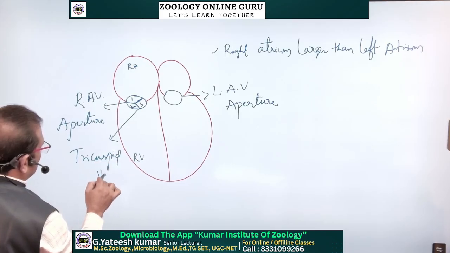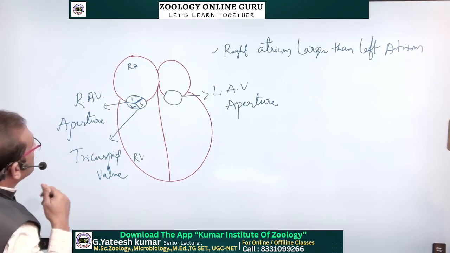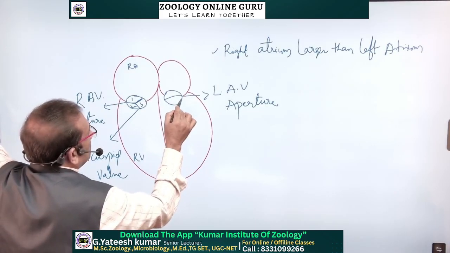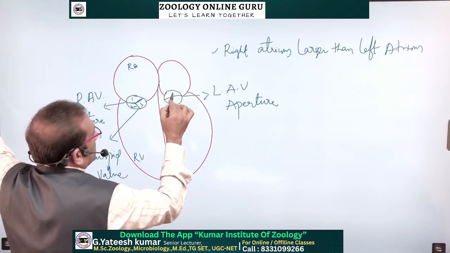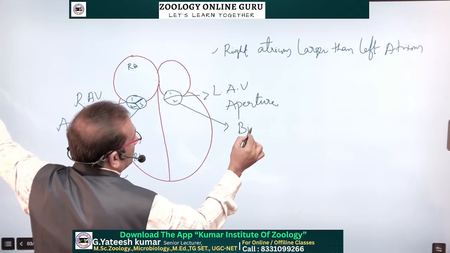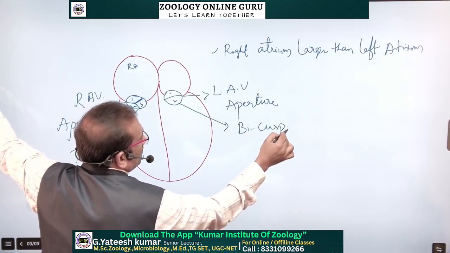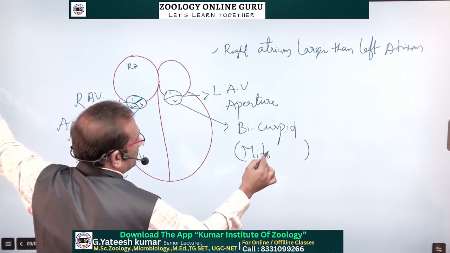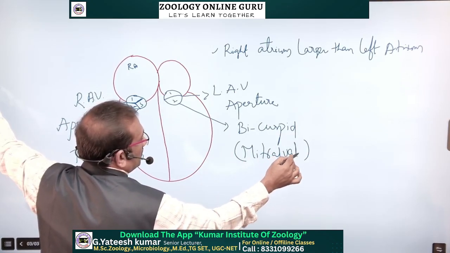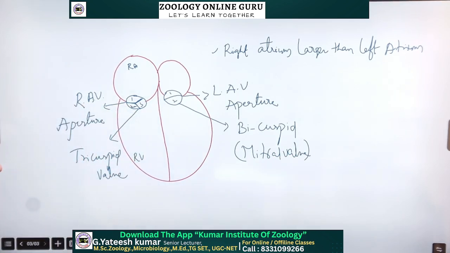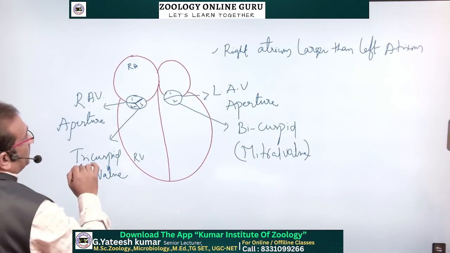But here only 2 are present, so 1 and 2. So this is known as the bicuspid valve. The bicuspid valve is also known as the mitral valve. So these are the cusps.